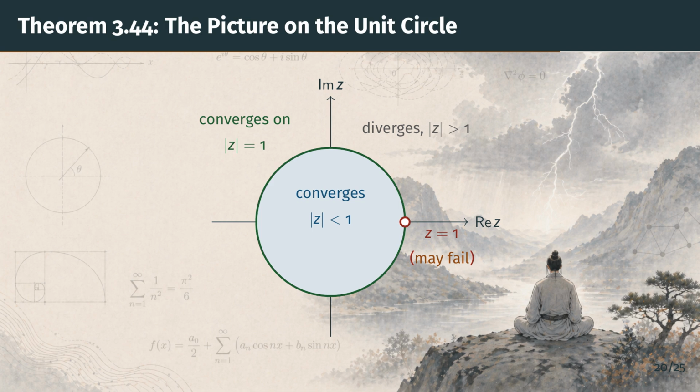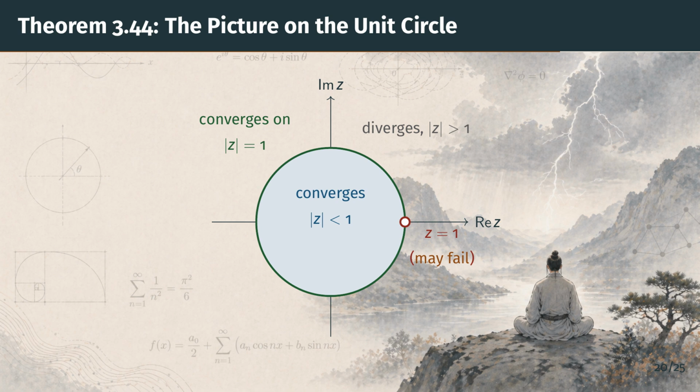This picture summarizes the theorem in the complex plane. The shaded blue disk is the interior, where the absolute value of z is less than 1. There the power series converges, as we already knew from the previous section. Outside the disk, it diverges.